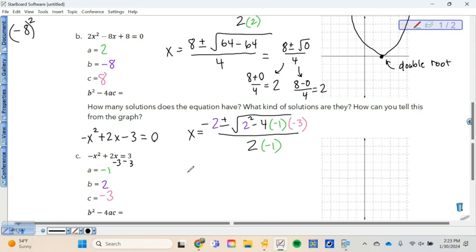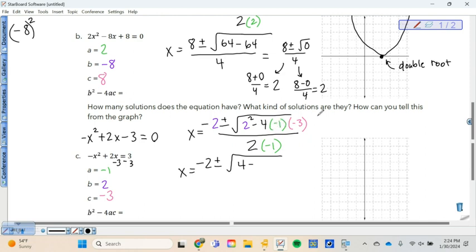Then we got to simplify. X equals negative 2 plus or minus square root of 2 squared. It's 2 squared, 4 minus, what's 4 times negative 1? Negative 4.